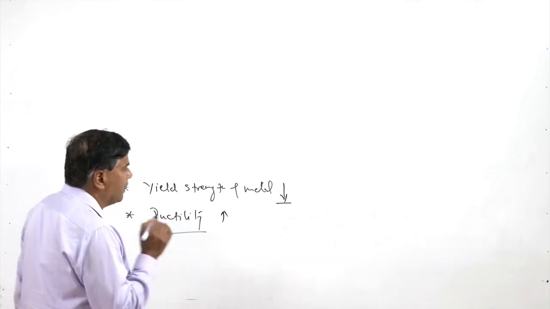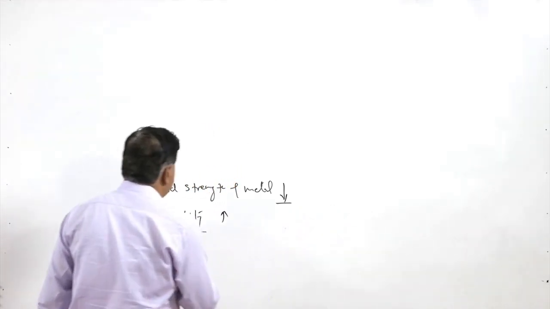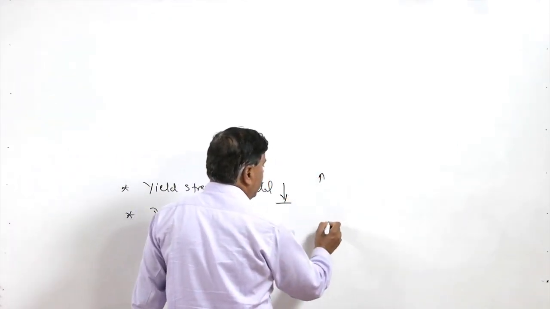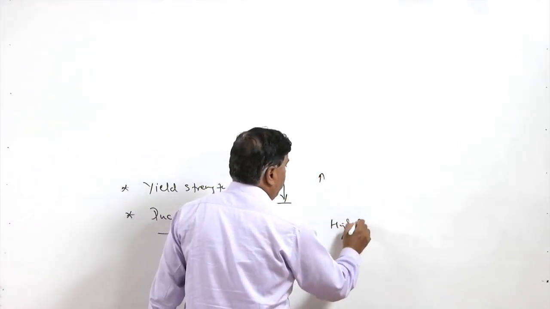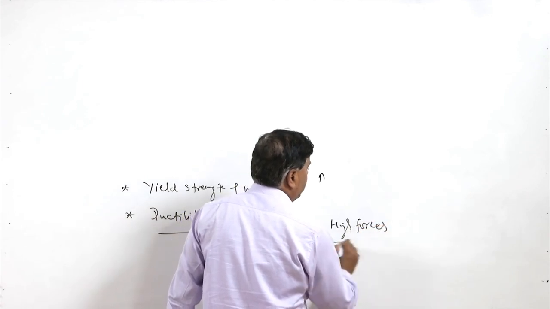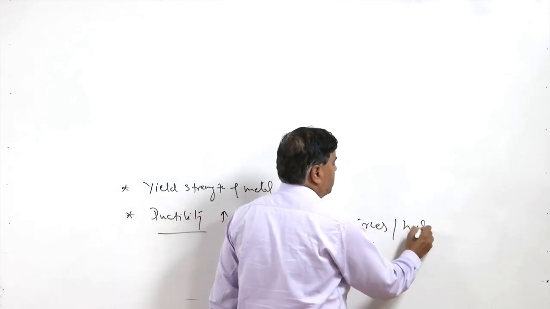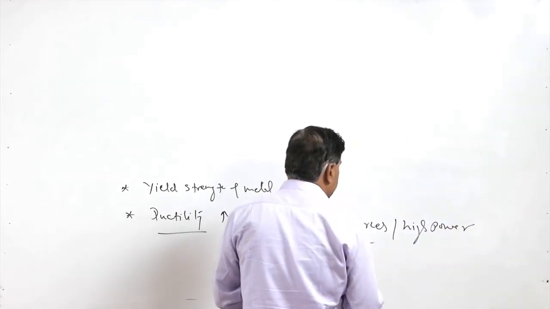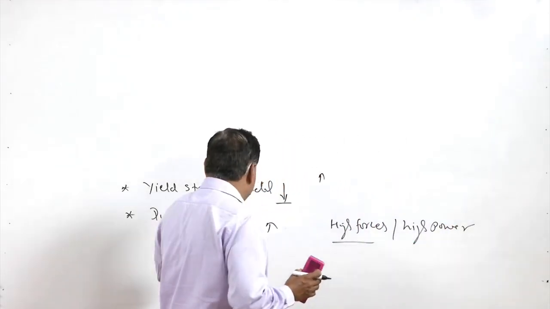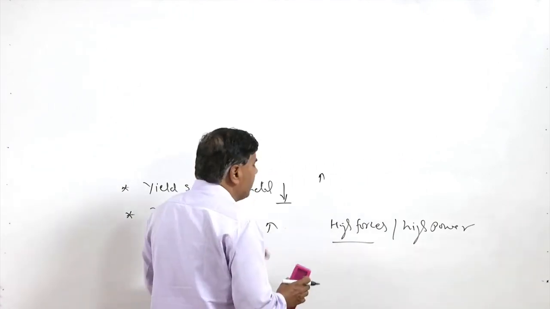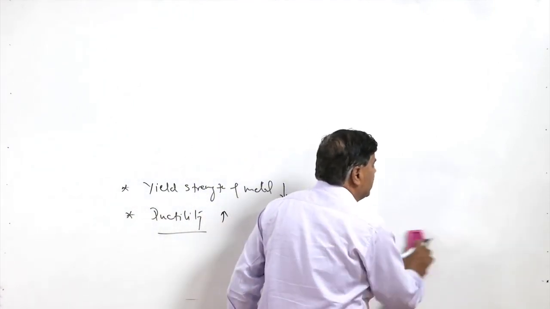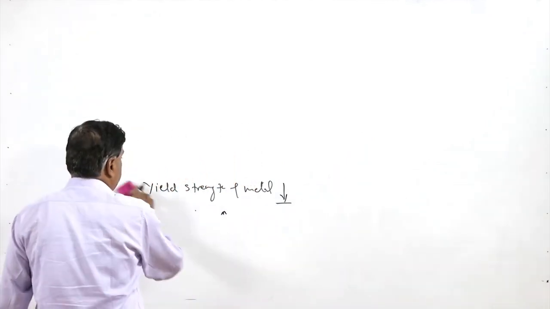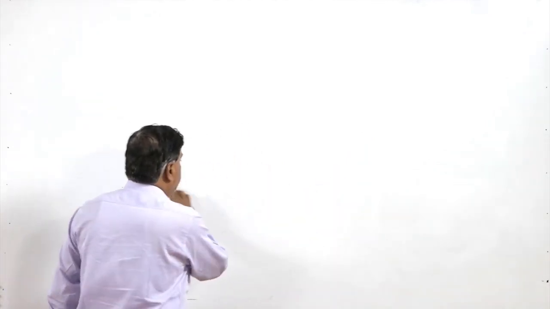If we have to deform a metal of high yield strength and low ductility, then high forces will be needed, and high power consumption will be there in order to achieve the deformation. And if the ductility is very limited, then it may not be possible to achieve the plastic deformation.